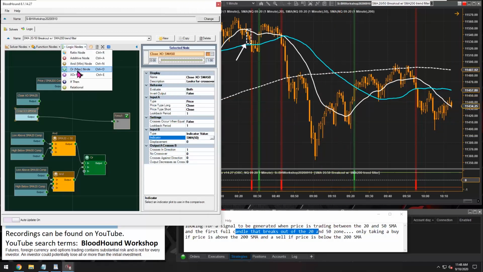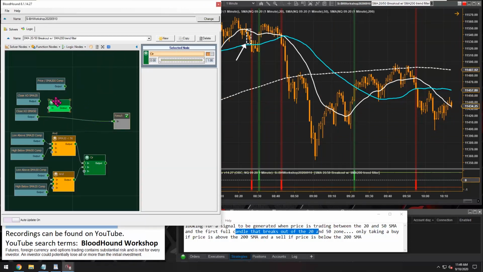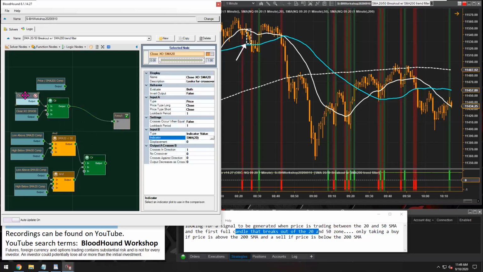So for this crossover condition, we need to be able to see the price crossing the 20 and the 50 at the same time. So here we go. This is whenever price crosses either the 50 or the 20. All right, so that's another condition.